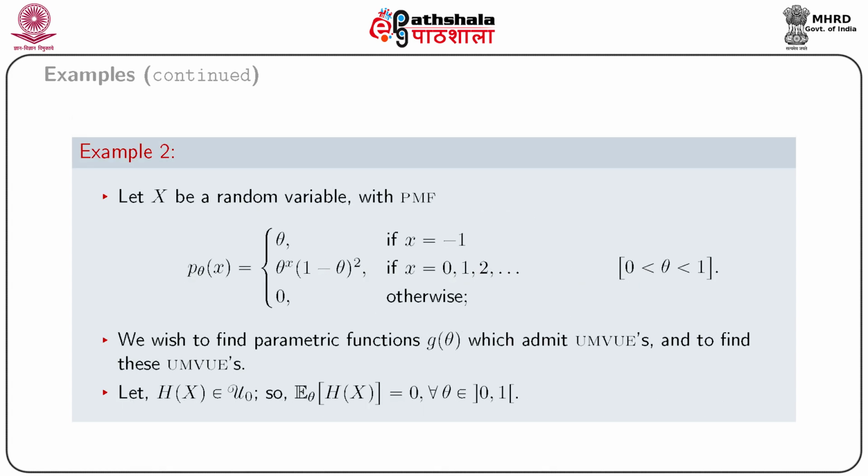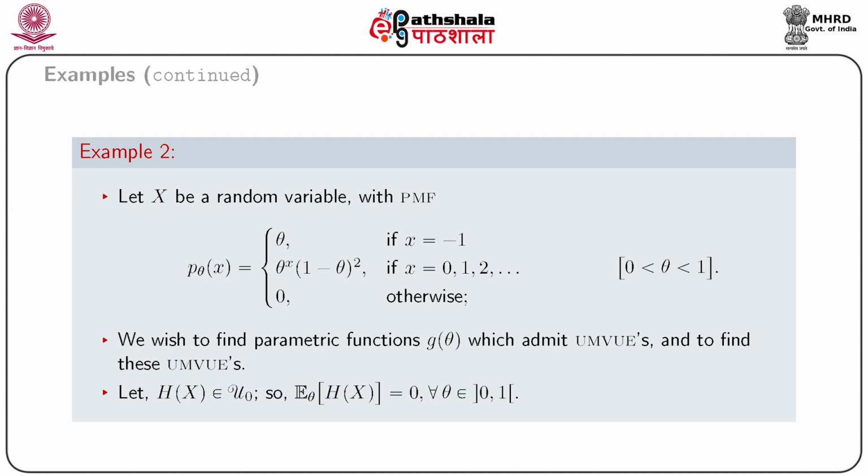Next, we consider another example. Example 2. Let X be a random variable with PMF f theta of x equals theta if x equals minus 1, equals (1 minus theta) whole square into theta to the power x if x equals 0, 1, 2 up to infinity, where 0 is less than theta less than 1.